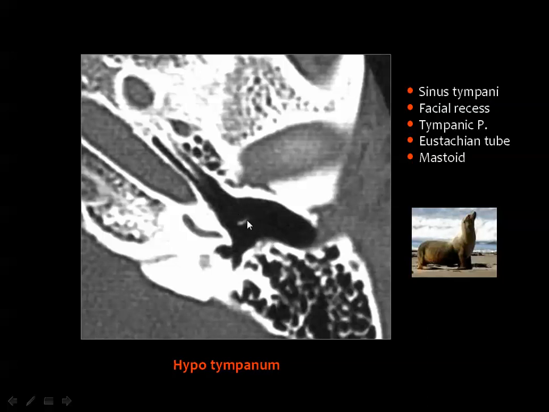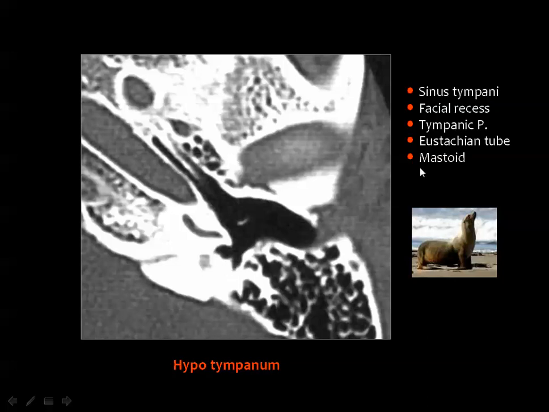Actually, you should see here two dots representing the handle of the malleus and the long process of the incus. But at this level, you are able to see this particular configuration, which is formed of three parts: two depressions and one elevation.